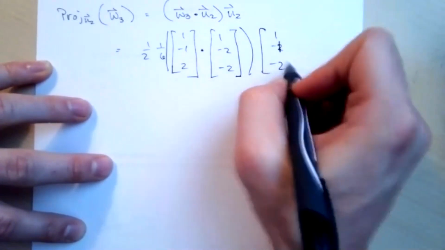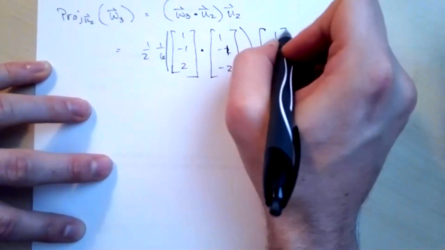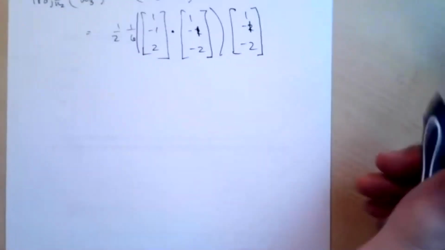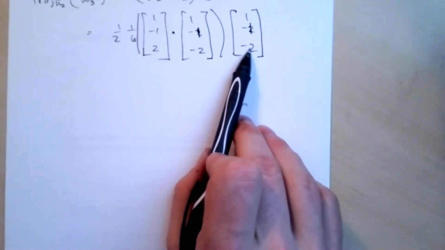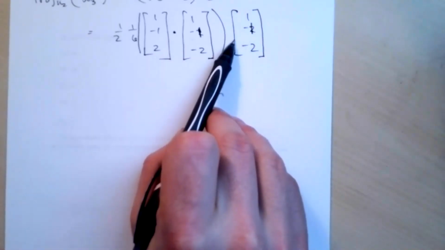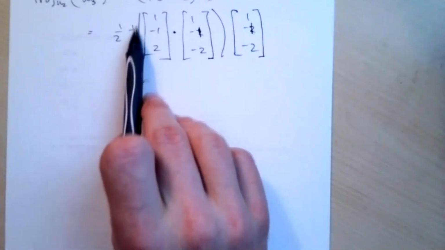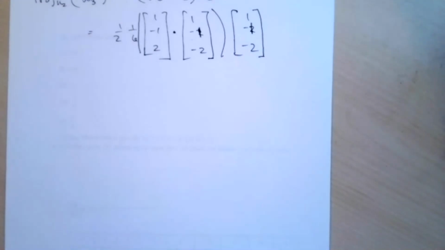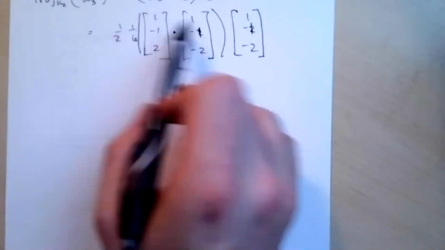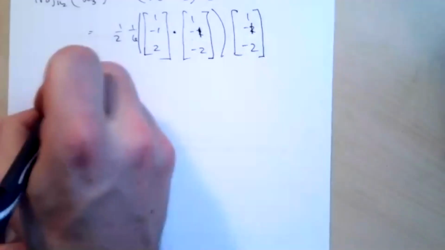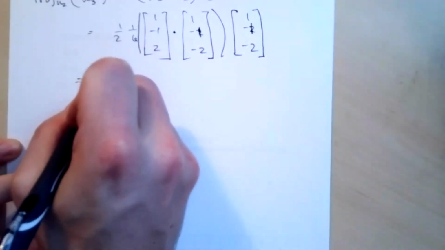Sorry, I mis-wrote a minus 2. What happens when your eyes are wandering while you're trying to write is you write the wrong thing in the wrong position. So we had 1 factor of square root of 6 with this one, 1 factor of square root of 6 with this one. So that just gives us 1 over 6. So the constants are working out a little bit better now. So hopefully everyone can see that. That way we're not getting bogged down with square roots and different square roots within the components. So what are we going to get? 1 over 12.